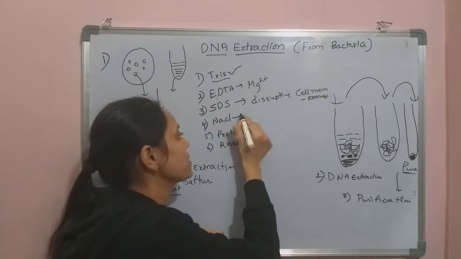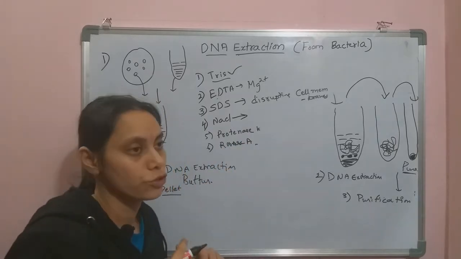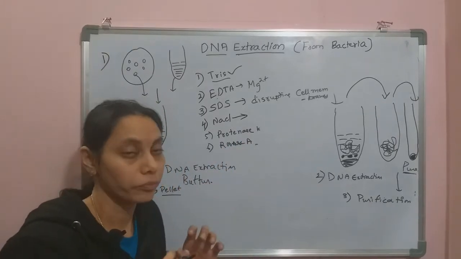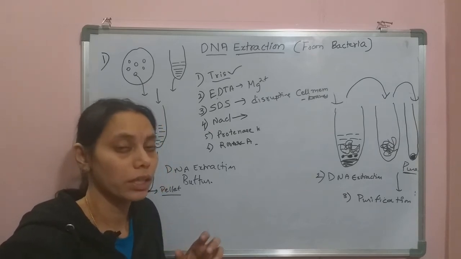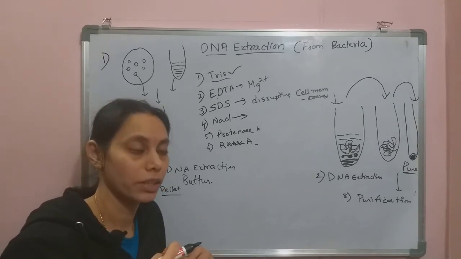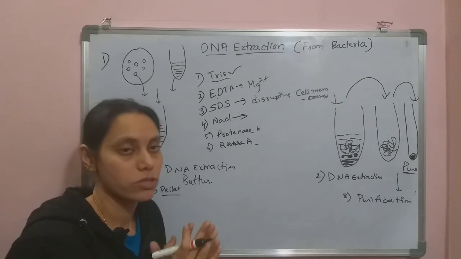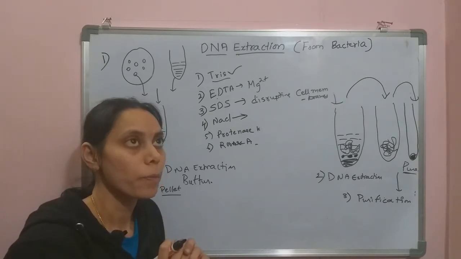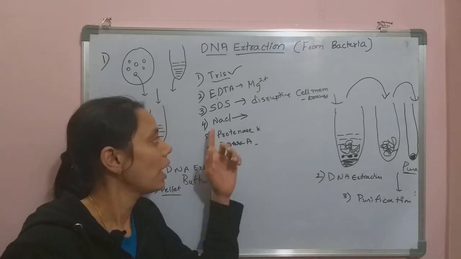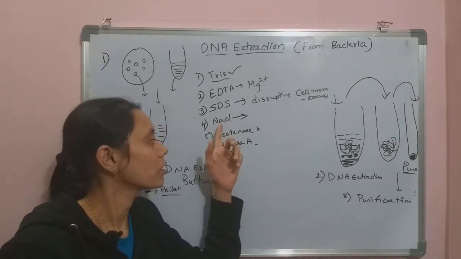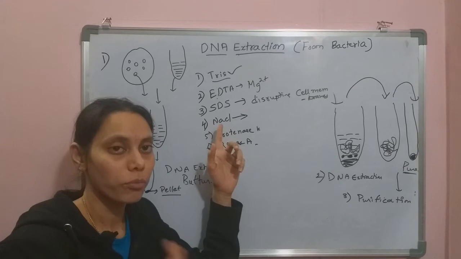So here NaCl is used to again make a shell around the DNA, so that it increases the solubility of the DNA in the aqueous solution, and it also neutralizes the charge around the DNA. NaCl is a salt which can easily form ions.